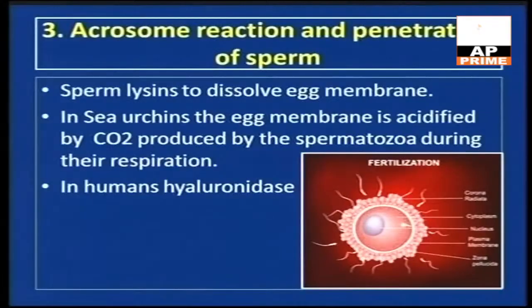And the third step, acrosome reaction and penetration of sperm into the egg. Here the spermatozoa reaches the egg, and the spermatozoa has to enter into the egg itself. The egg is protected by various protective layers like the corona radiata and zona pellucida, which are present around the egg.